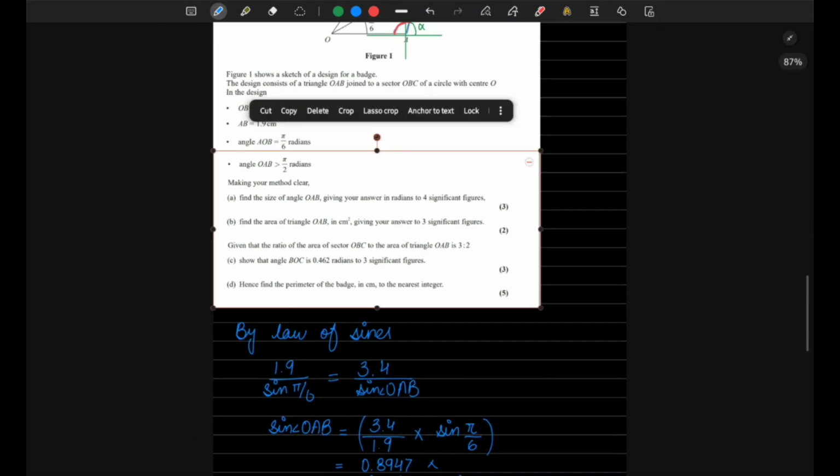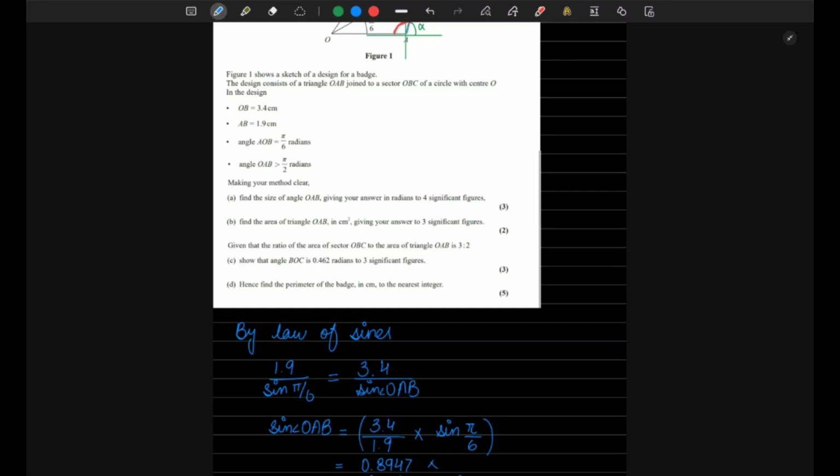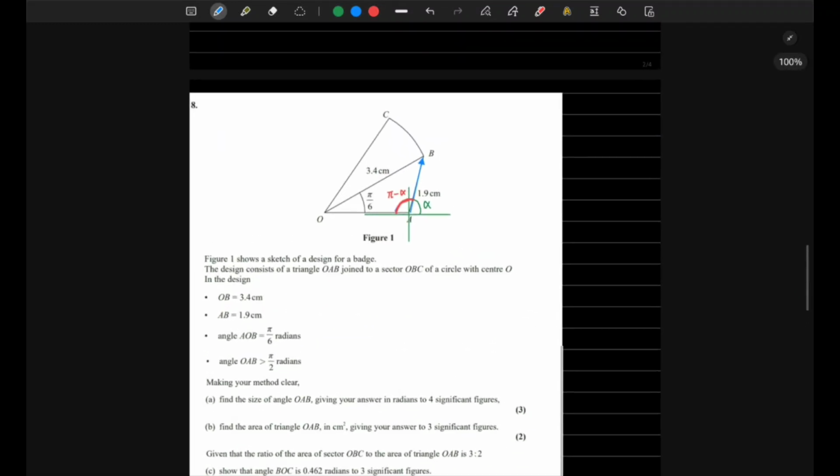Now part B. Part B says find the area of the triangle OAB in centimeters squared, giving your answer up to 3 significant figures. So now we need to find the area of this triangle. Area of a triangle is half base times height.